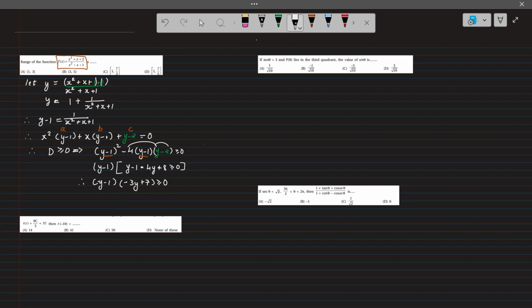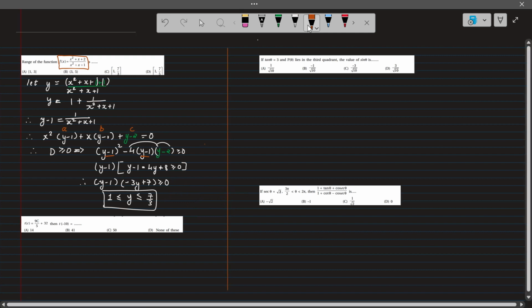We can use the wavy curve method over here, and the range of y will come between 1 to 7 by 3. Since this is the value of y, this also becomes our range, which is 1 to 7 by 3. Option C is correct.